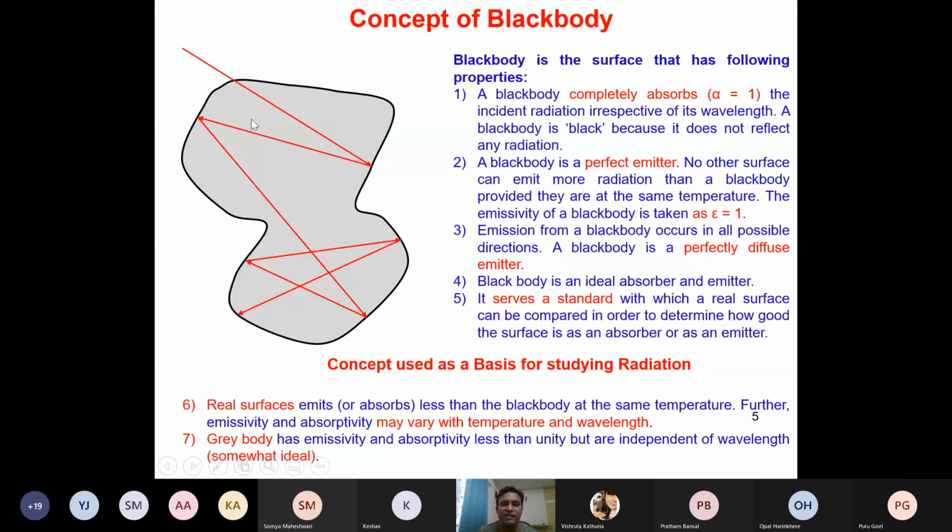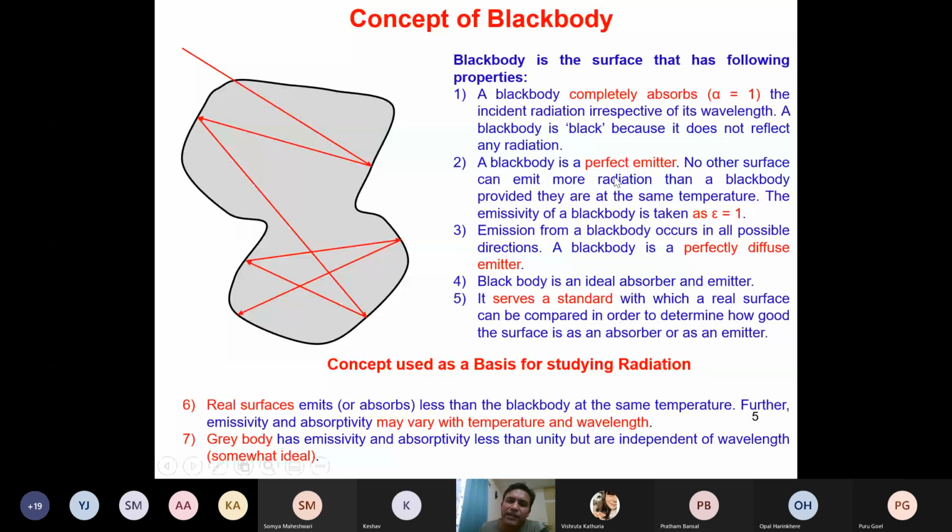You can clearly see here the incident radiation reflects inside, and in all this reflection absorption takes place, finally absorbing the light completely. So that is what is occurring here. Since no light is reflected out of this body, it will appear black, because it absorbs all the incident radiation.